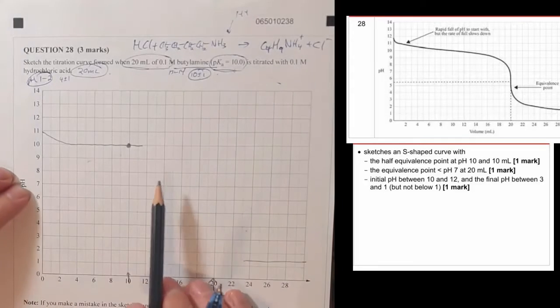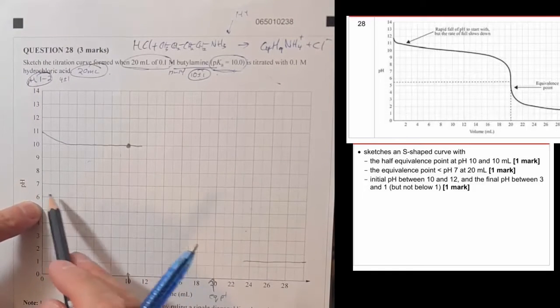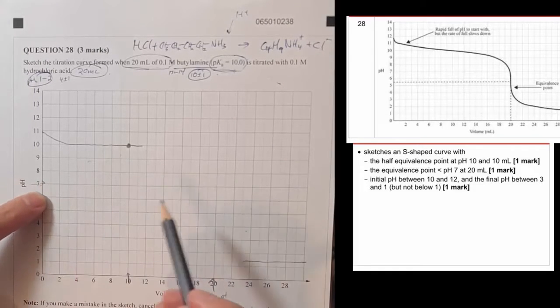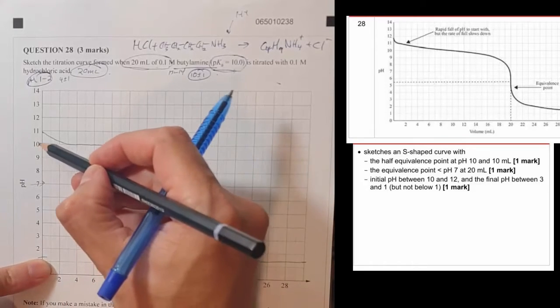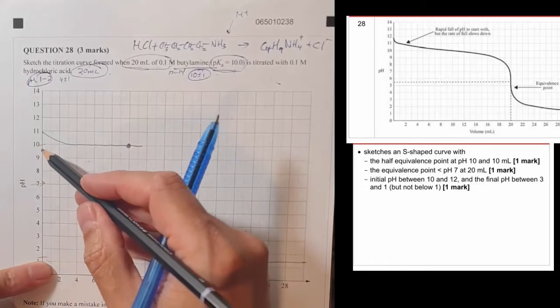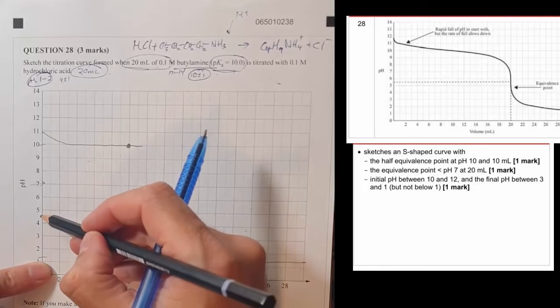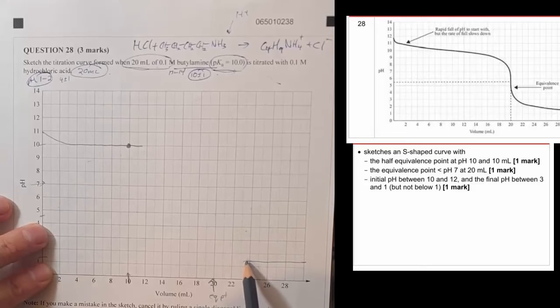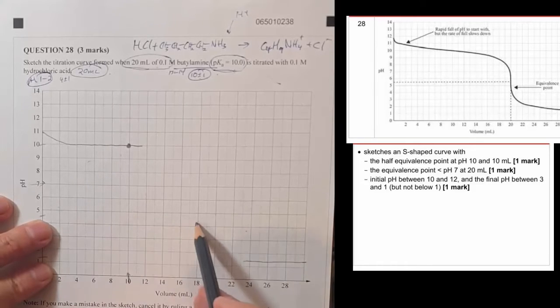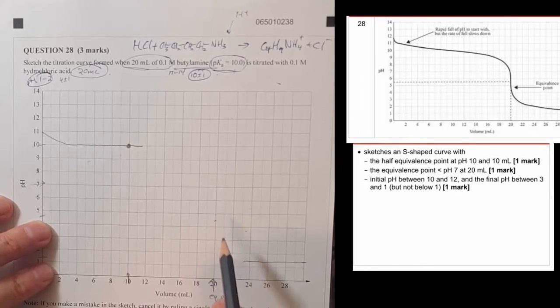Now the pH at the equivalence point is going to be about halfway in between here. It's going to be less than 7, of course, because it's a strong acid and weak base. Halfway between 10 and 1.2, so let's just say about 4.5. So let's just do it here. The equivalence point, we'll make it about here.